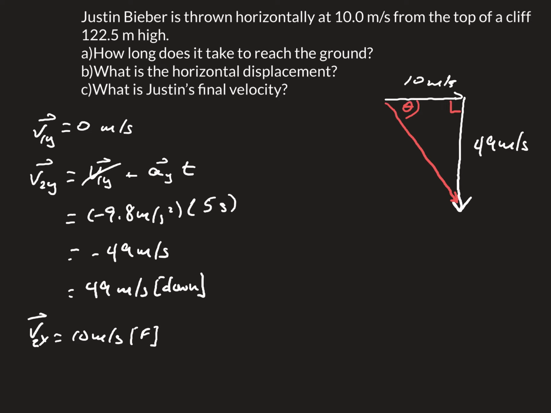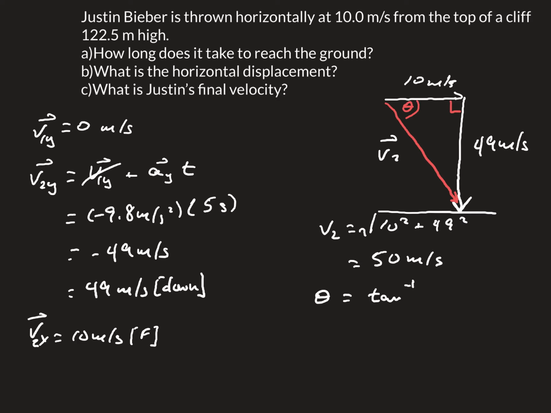So we can start off by labeling this here. We're going to use Pythagorean theorem. v2 is going to be the square root of 10 squared plus 49 squared. That gives us v2 as 50 meters per second. We can then solve for our angle, which is inverse tan of opposite over adjacent, 49 over 10, which is 78 degrees.